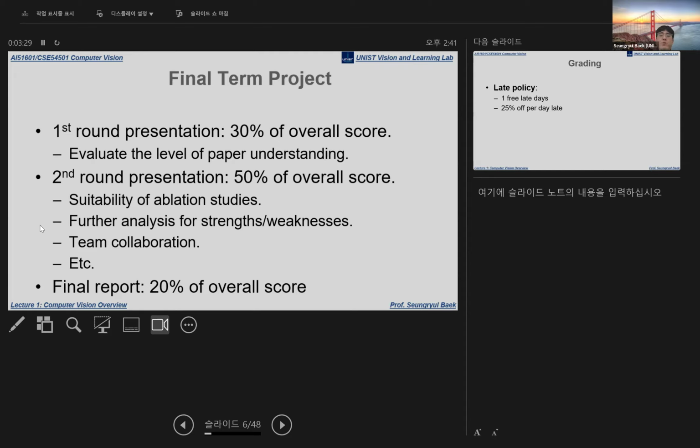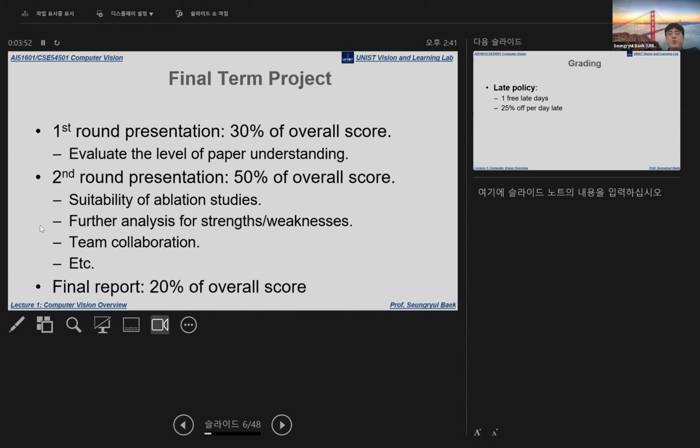We will evaluate you based on the suitability of the evaluation studies that you conducted and further analysis for understanding the characteristics of the algorithm and paper. And also we will evaluate you based on the team collaboration.